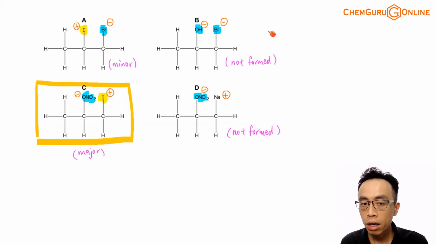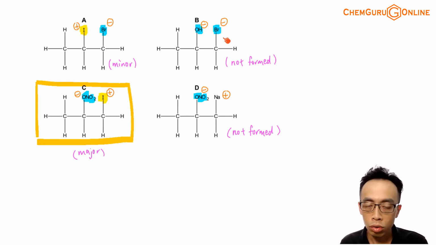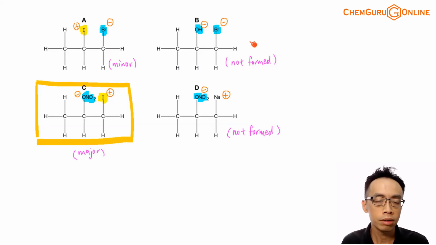Now involving B, it is not possible for me to form compound B because both your OH group and your bromide are nucleophiles. So there's no way for me to add two negative species to my alkene. Remember, in electrophilic addition of alkene, step number 1 must involve an electrophile, which is a positive guy. Step number 2 must involve a nucleophile, which is a minus guy.